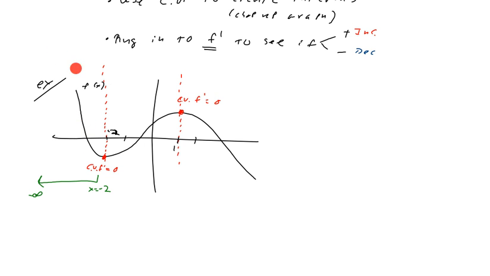From -2 backwards, the graph is doing one of two things. It's either only going to increase or only going to decrease. Here we see it's only decreasing. These critical values tell us the locations where there is a change between decreasing sections and increasing sections of the graph.